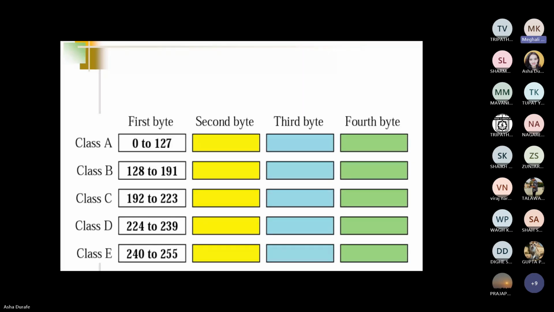Can anybody tell me, can I have an IPv4 address as 625.125.300.200? Yes, anyone? Can we have an IPv4 address as 600.200.325.125?